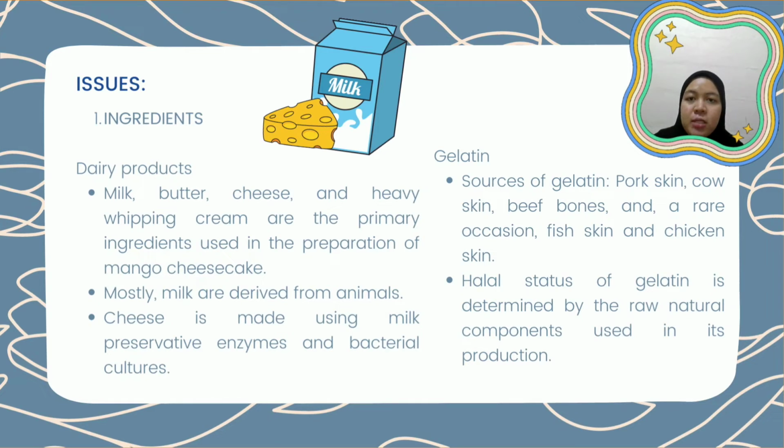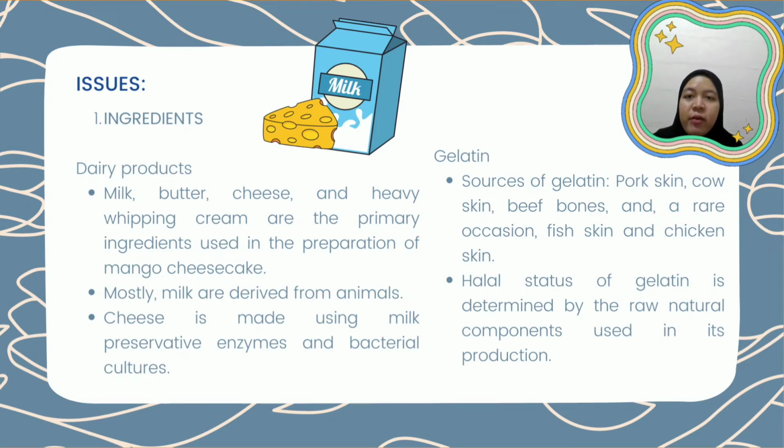For example, there's a form of gelatin that is manufactured either from cow and calf skin or from demineralized beef bones. In accordance with Islamic law, this sort of gelatin is lawful and halal if the animal was slaughtered in a manner consistent with Islamic law.